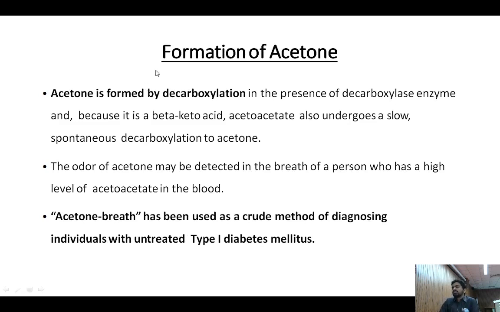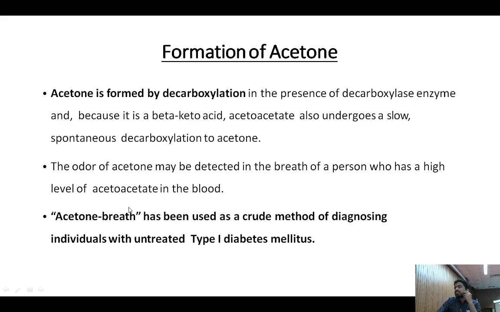So by the decarboxylation of acetoacetate, acetone is formed, but this decarboxylation can happen spontaneously also. The formation of acetone from acetoacetate can happen without the presence of the enzyme decarboxylase. So spontaneously also acetone forms.